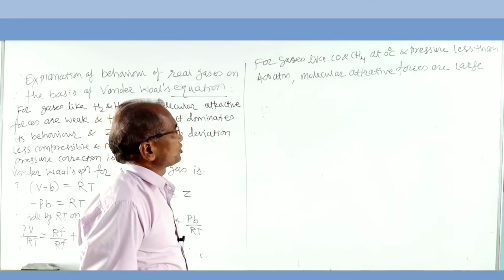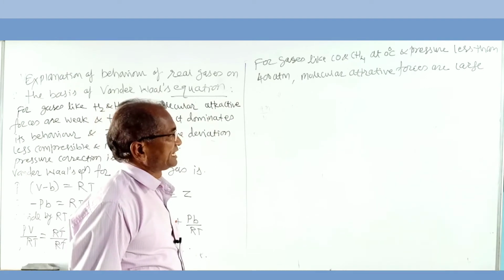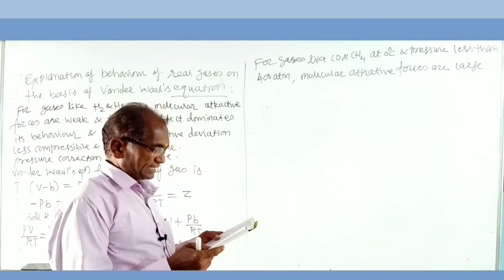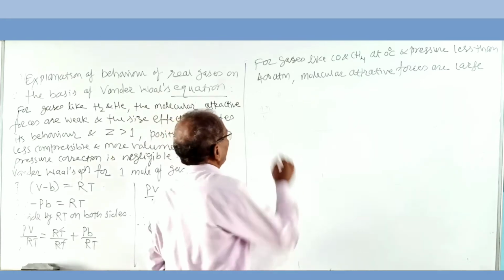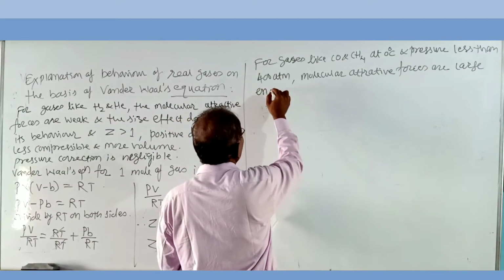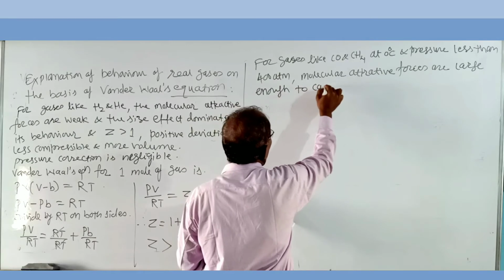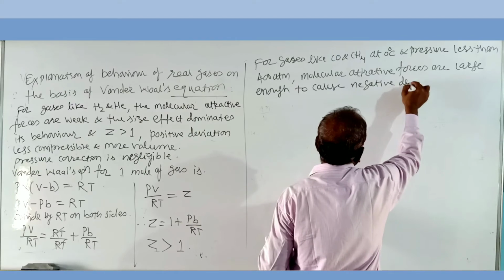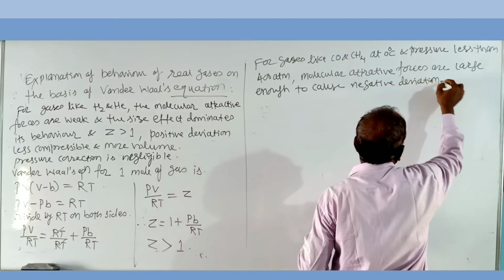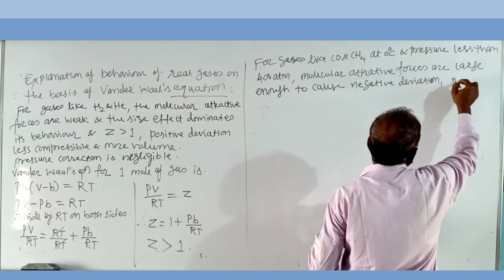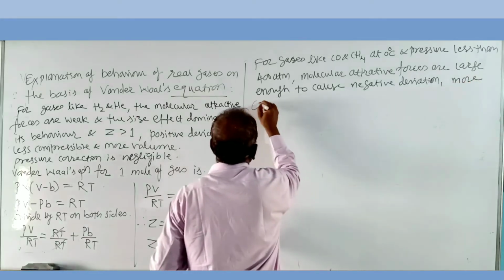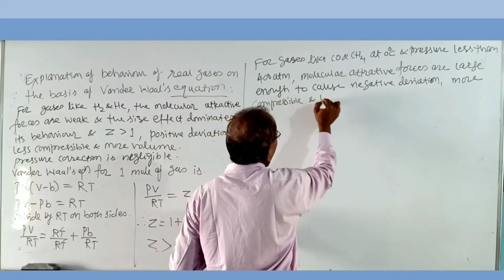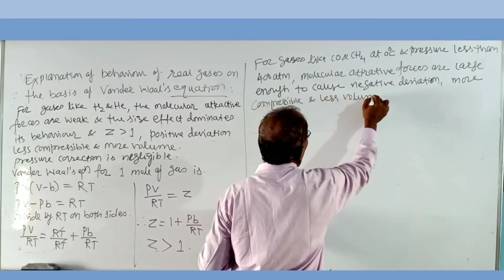For gases like CO and CH4 at 0 degree Celsius and pressure less than 400 atm, molecular attractive forces are large enough to cause negative deviation, more compressible and less volume.